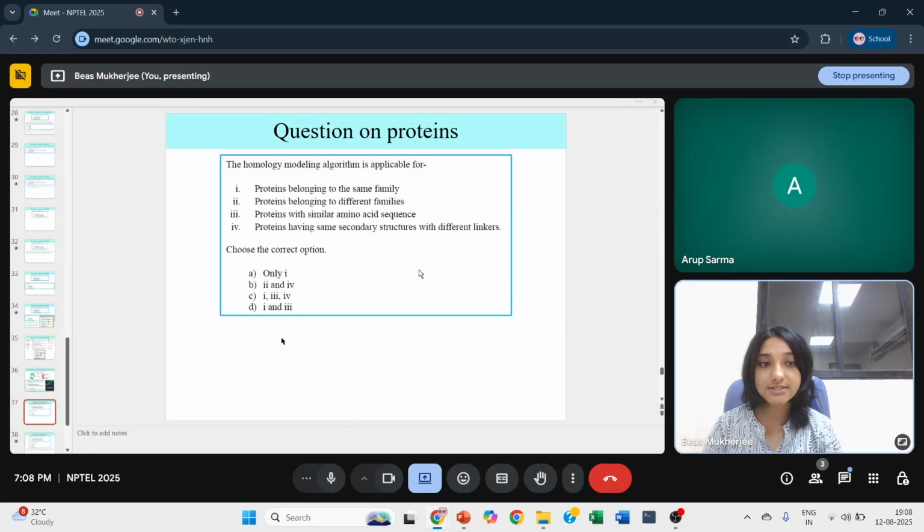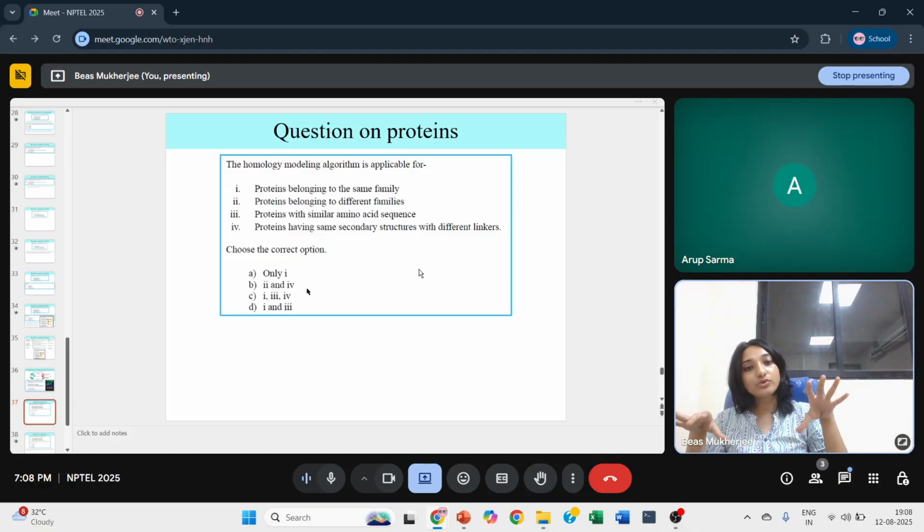So what exactly is homology modeling? Homology modeling means that let's say you have a protein and you know that this protein has a particular structure and a particular sequence. Then you find another protein and you see that it has a similar sequence, so you expect that it could probably have the same structure and also the same function.